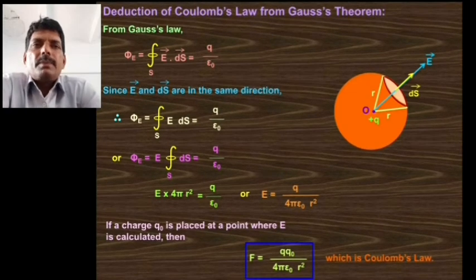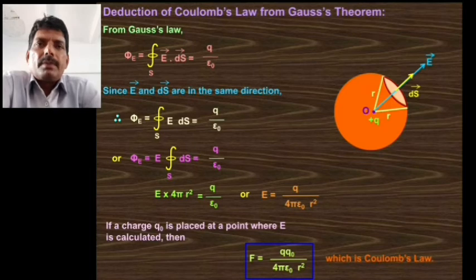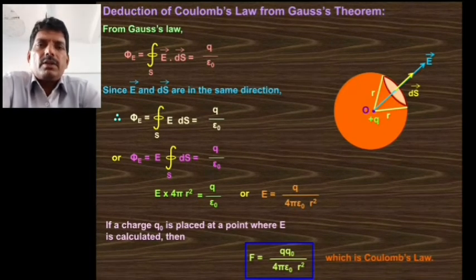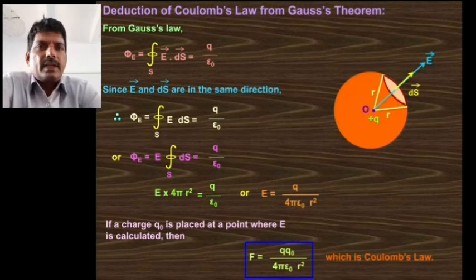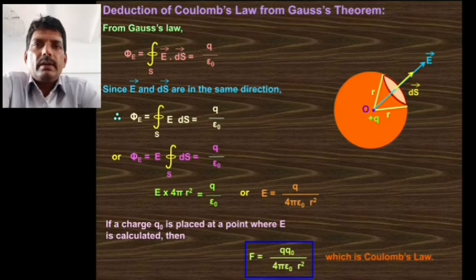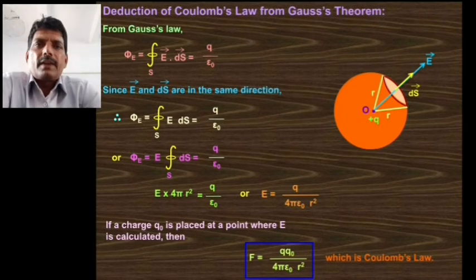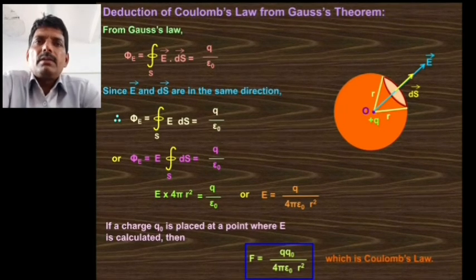So dear students, in this particular case of the deduction of Coulomb's law from Gauss law, first of all we considered the statement of the Gauss law, then the Gaussian surface by means of which you enclosed a positive charge. Then you calculated the total flux, and by putting the value of the total surface area you got the electric field.